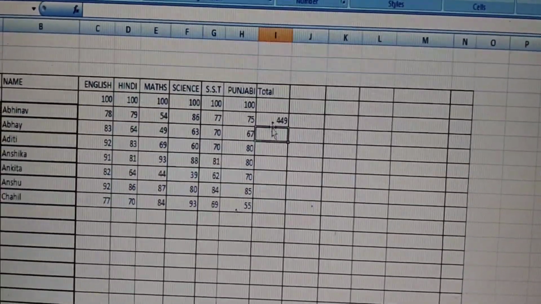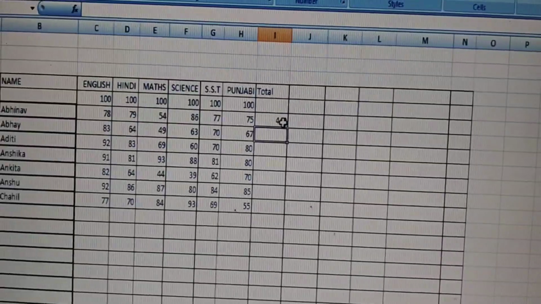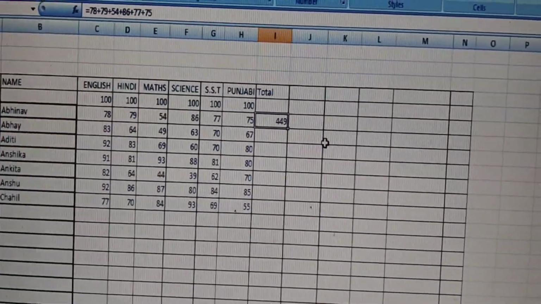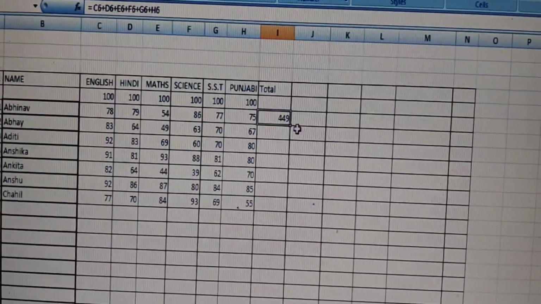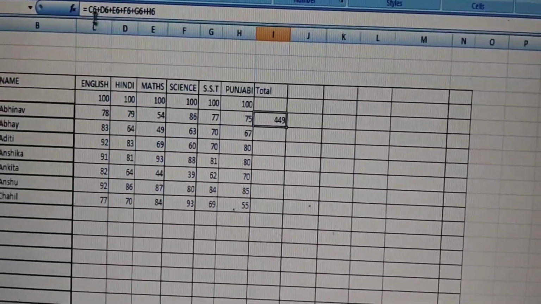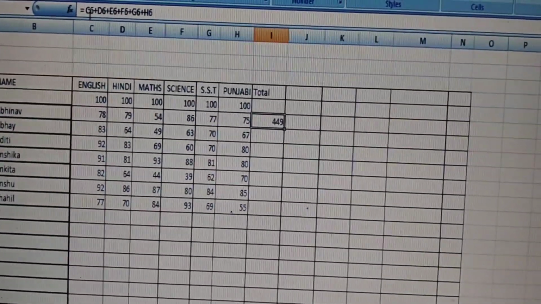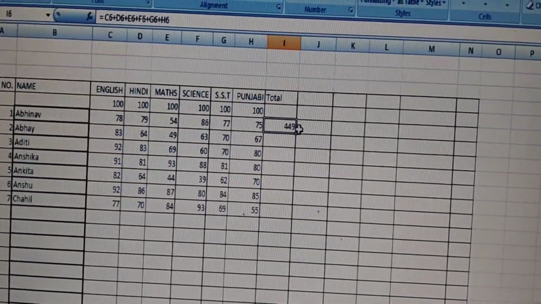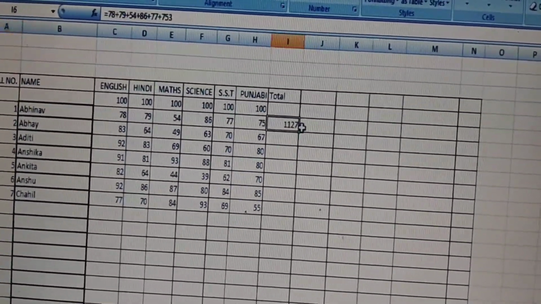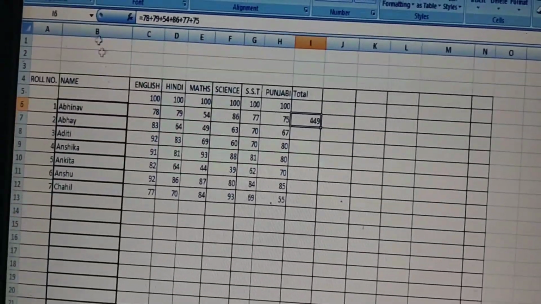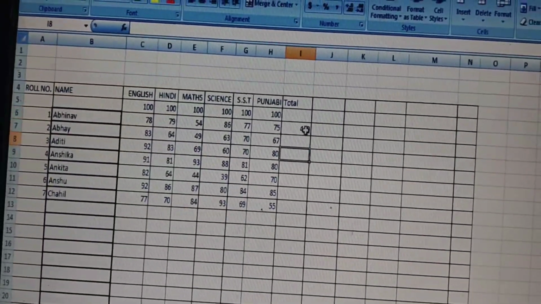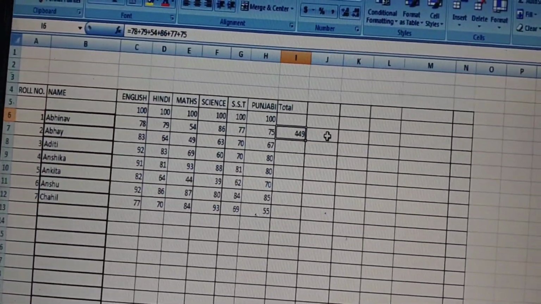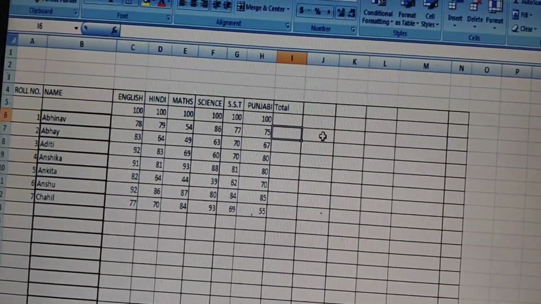You get the answer 449. Earlier also you got the answer 449. Let's check 449. See, when I was using the reference of the cell, you are getting the answer 449. And when I used the numbers, you get the answer, that is 449. That's how you can enter the formula.